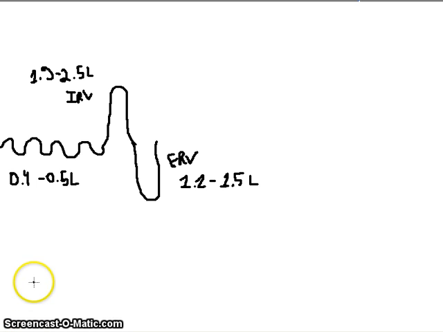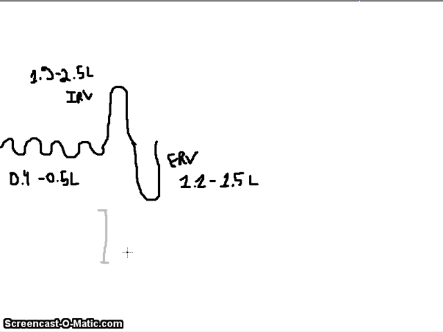Now, there's another volume that you need to know. That is the residual volume. What is the residual volume? The residual volume is the amount of air that you do not breathe out. You've got this volume always maintained, even when you breathe out everything that you've got.